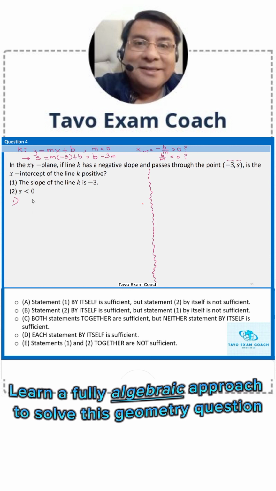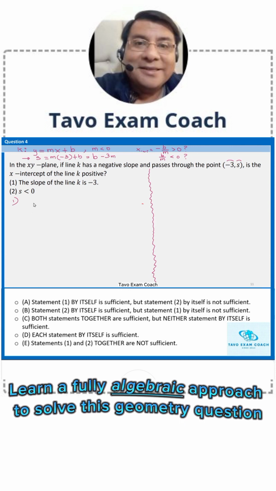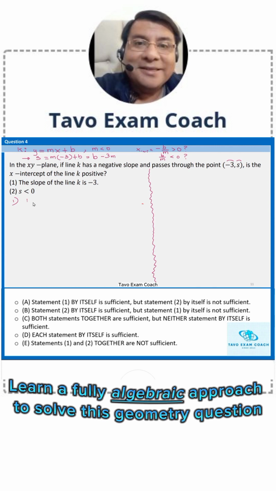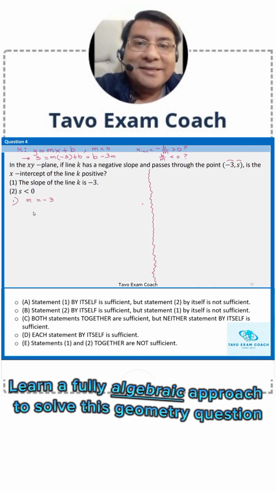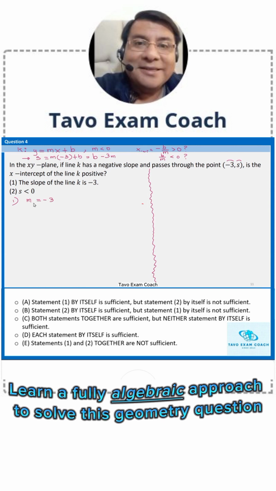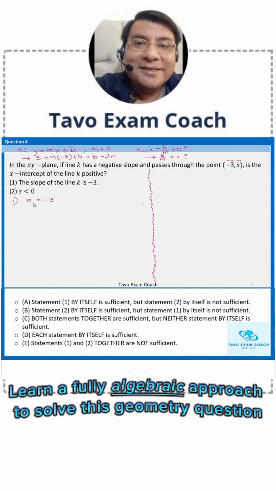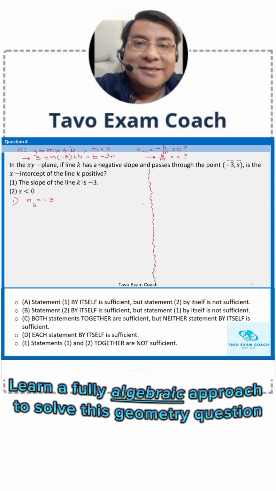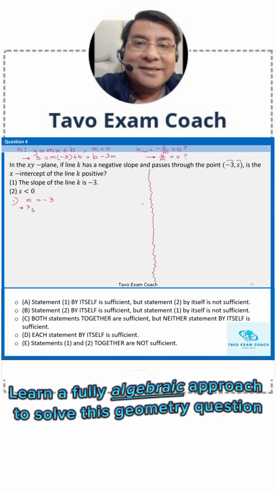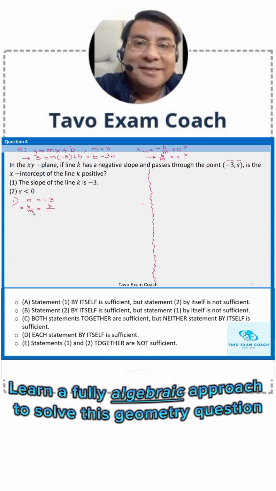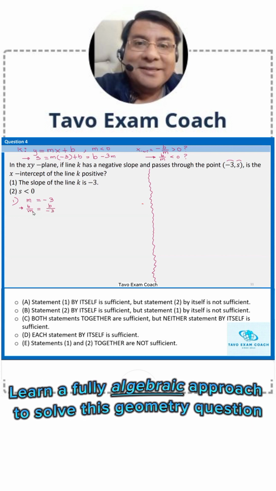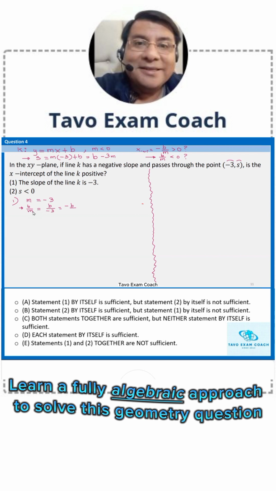Alright, so considering this, let's attack statement 1 alone. It says that the slope of the line K is -3. So here it says that m equals exactly -3. We are trying to determine whether this inequality is true or false. So b over m would simply be b over -3 or -b over 3.